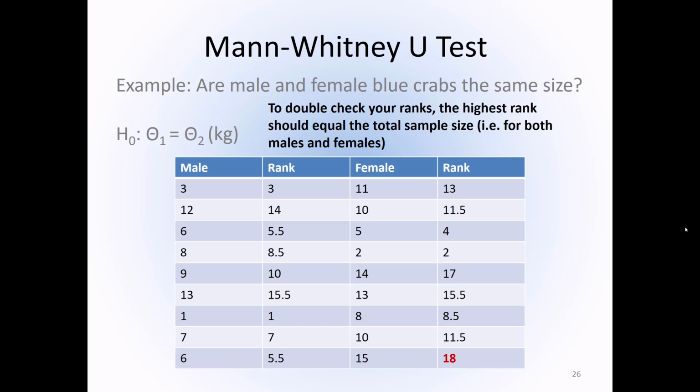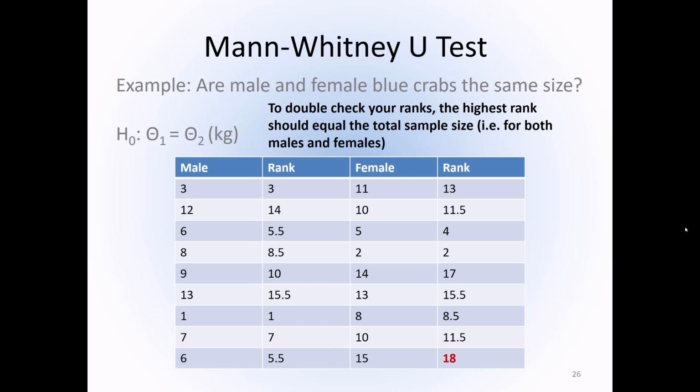In this case, we've got 9 male crabs and 9 female crabs, so the highest rank is 18. We've got 18 different data points. If those values don't match, then it's a good indicator that maybe you made a mistake in ranking the data, such as on a tied data set in which you provided the rank and didn't provide the mean rank.